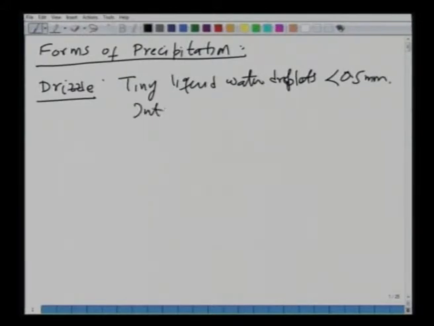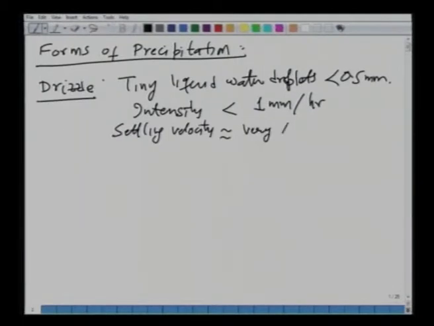The intensity of the drizzle is less than 1 millimeter per hour, that is the rate at which the drizzle is falling. The settling velocity or the terminal velocity or the fall velocity with which the drizzle falls on the ground is very small, very low. It basically appears to float.